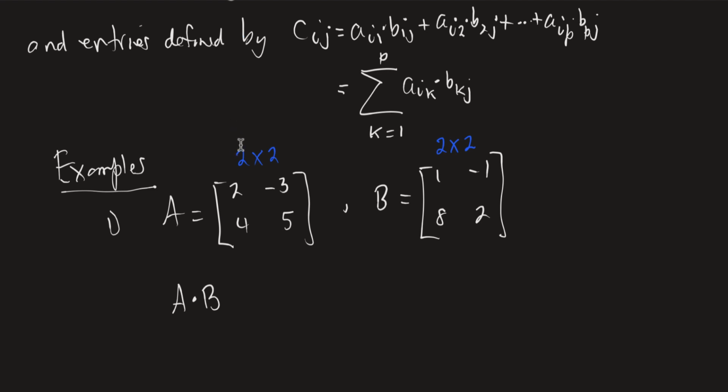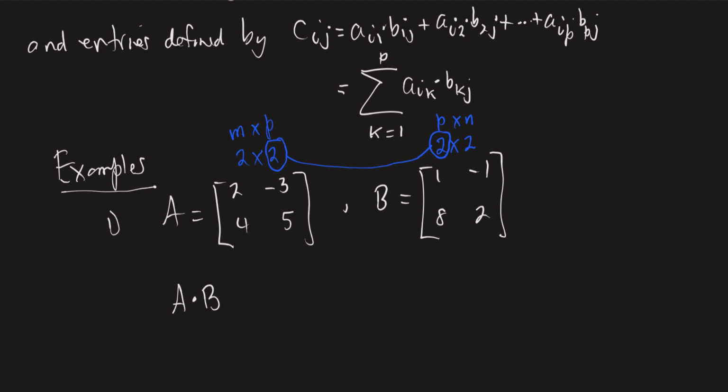It says that A has to be an M by P matrix, and B has to be a P by N matrix. So what that means is these two numbers must be equal for the product AB to be well defined. So these must be equal, right?